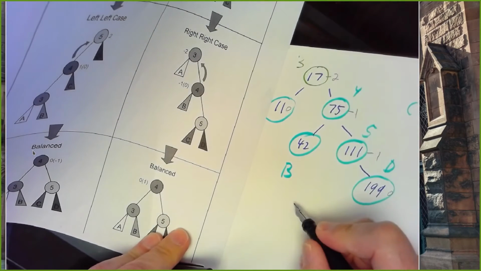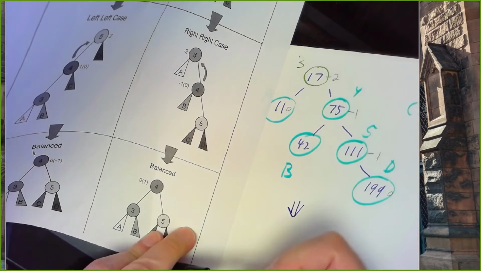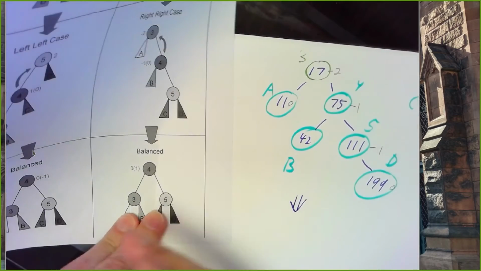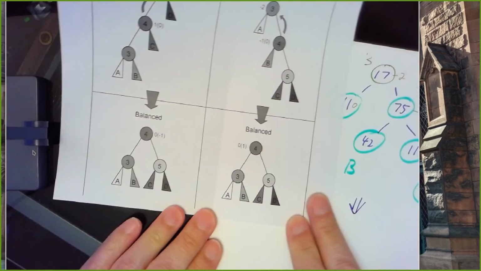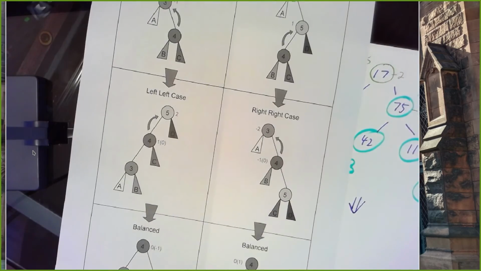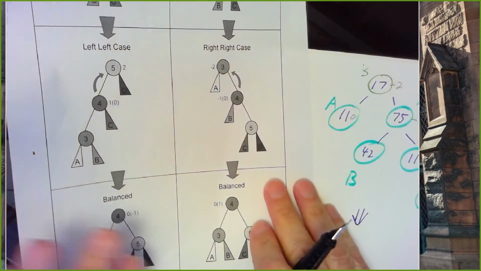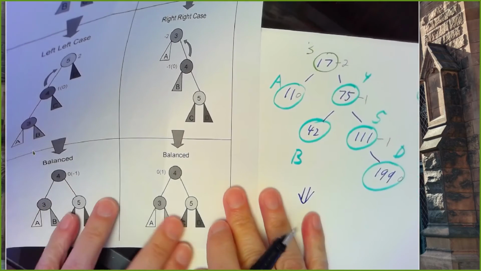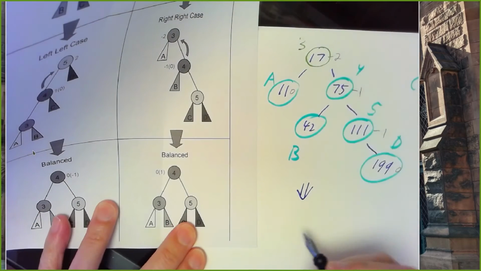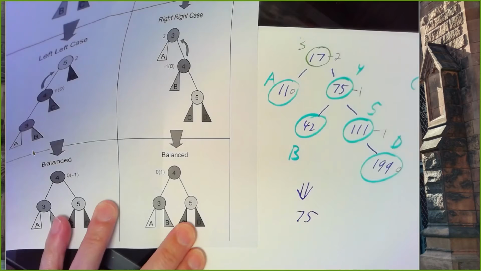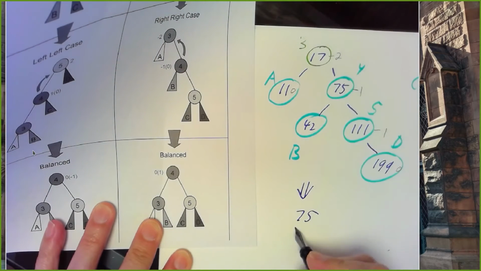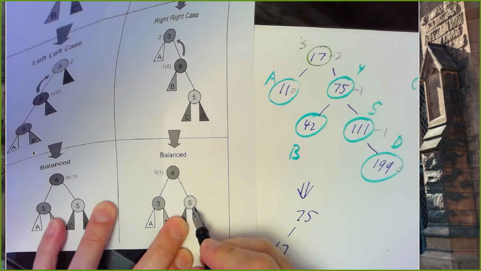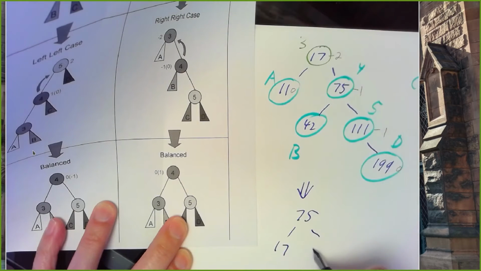And so our rotation algorithm says we should turn this into the following. Node 4 should become the root. All right, so node 4, that's our 75. That should become the root. Node 3 should go on the left. Well, that's our 17. Node 5, which is 111, that should go on the right.